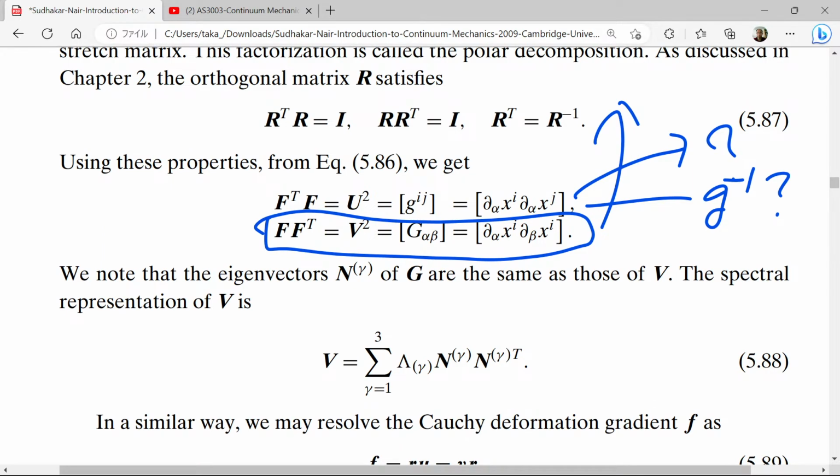We note that the eigenvectors n gamma of G are the same as those of V. Why? We note the spectral representation of V is this.